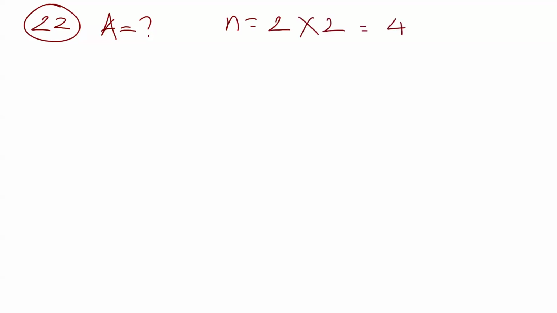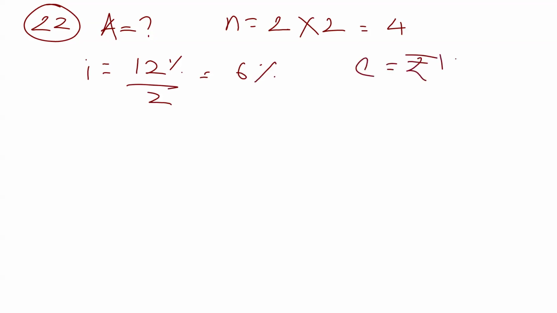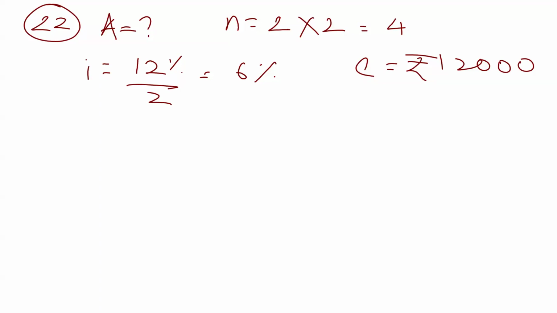So that is equal to 4 installments. I is equal to 12% upon 2, which is 6%. So C, 12,000, is put every half year. In a year, twice.